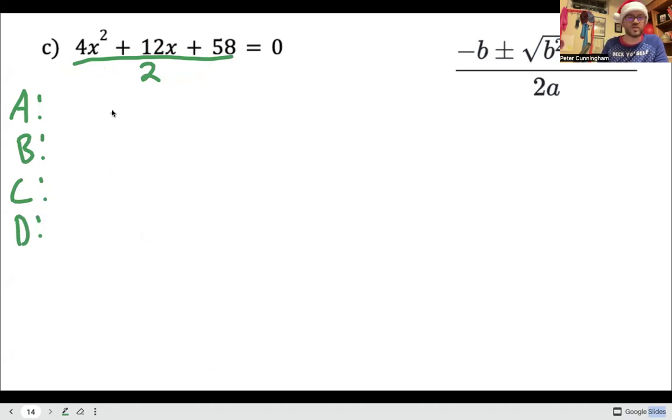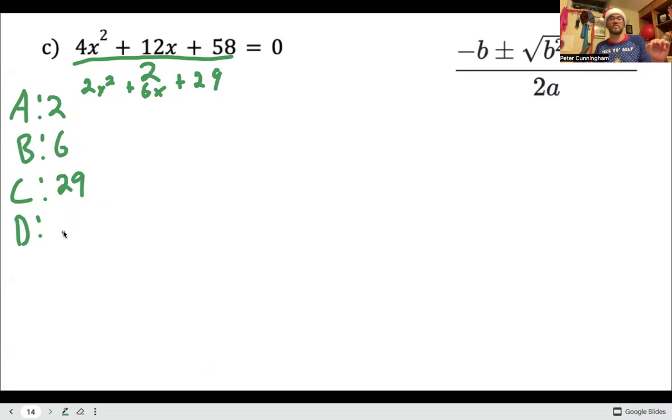So I'm just dividing this whole thing by 2, which will give me 2x squared plus 6x plus 29. Okay, that makes things just a tad easier. A is 2, B is 6, C is 29. If you did this with 4, 12, and 58, check it. It's going to be the same.